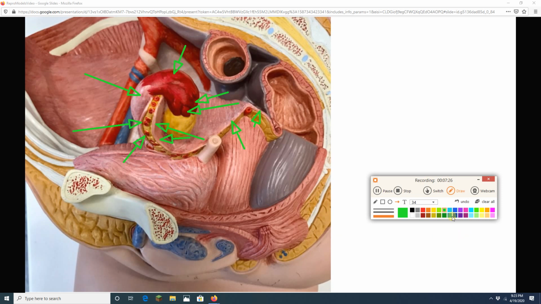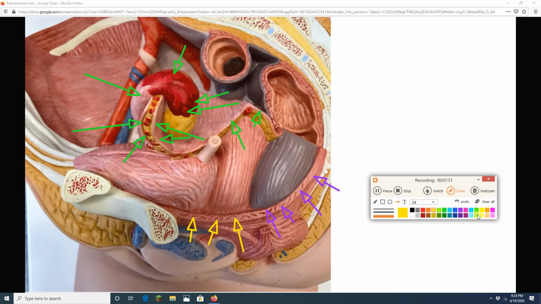All right, what else do we see here? We do see the pelvic diaphragm, putting purple arrows on the pelvic diaphragm. And of course, part of the pelvic diaphragm, I'll do golden yellow. Right here, this is the urogenital portion of the pelvic diaphragm.